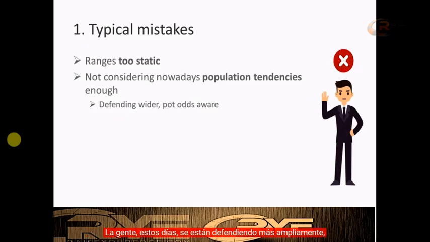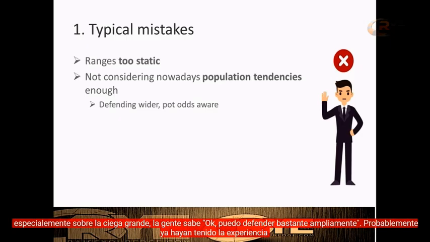People these days are defending wider. They're more pot odds aware, and all those YouTube videos teach people about pot odds and how to defend properly. So especially from the big blind, people know, okay, I can defend fairly wide.